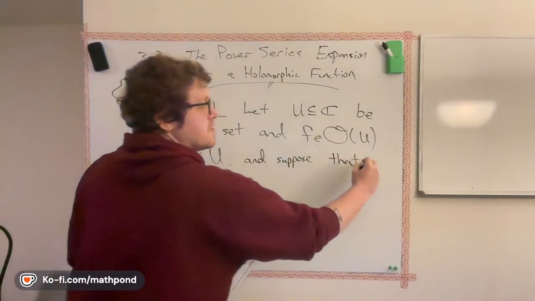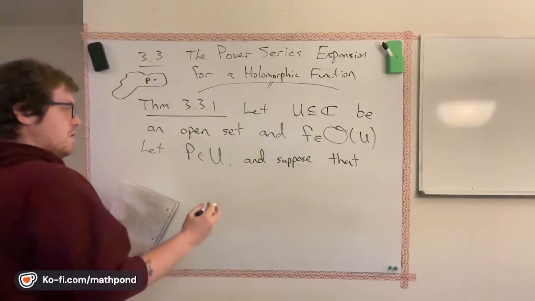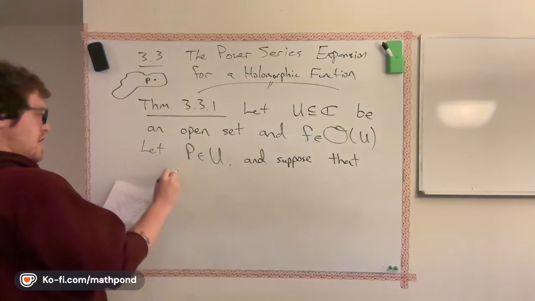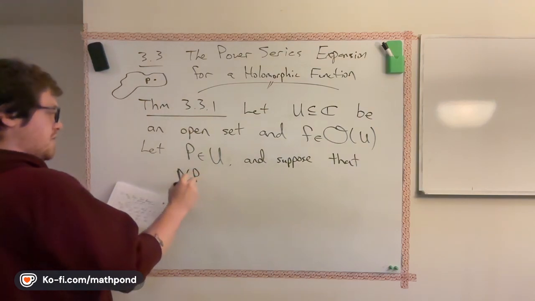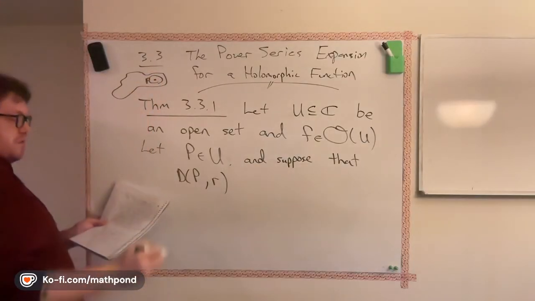And suppose that there exists some R greater than 0 and some D, so some disk around the point of radius R, just some small disk around this point.